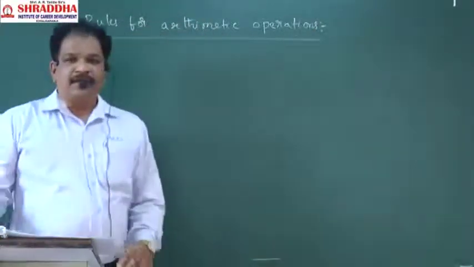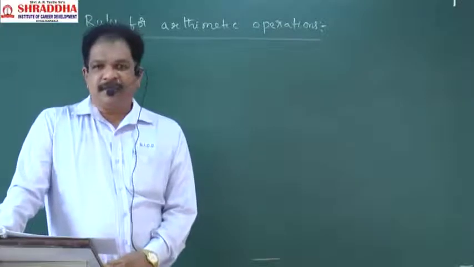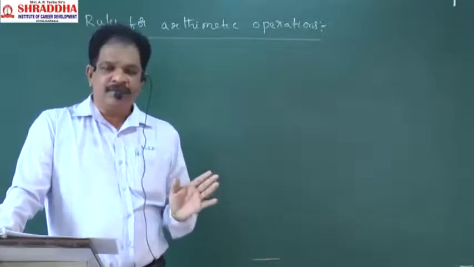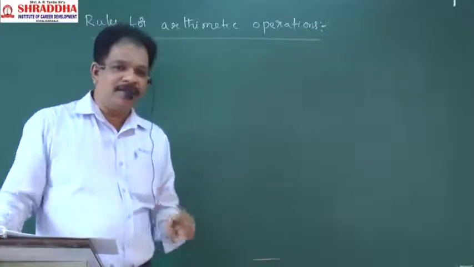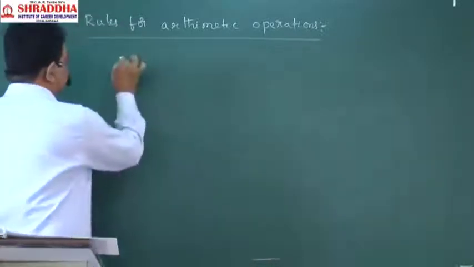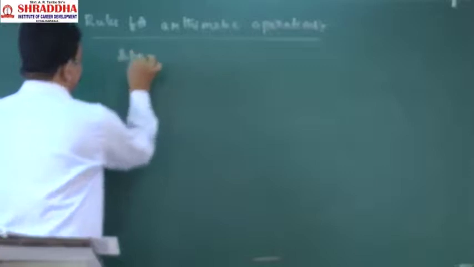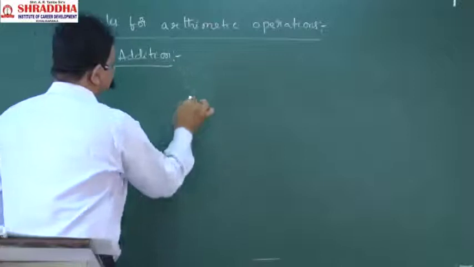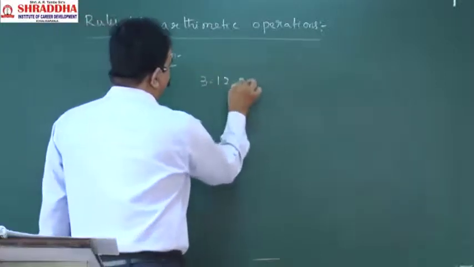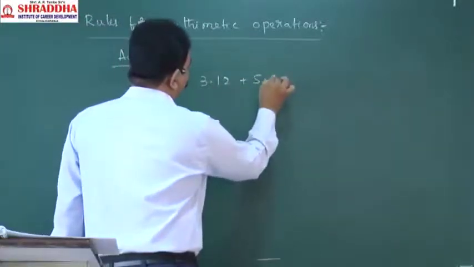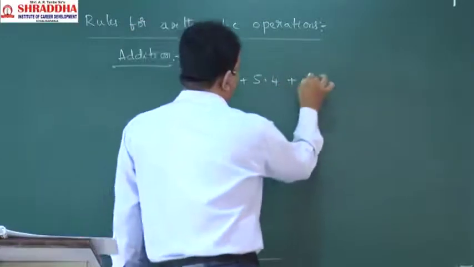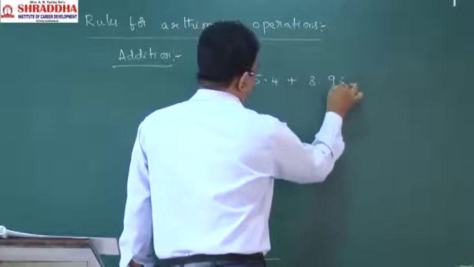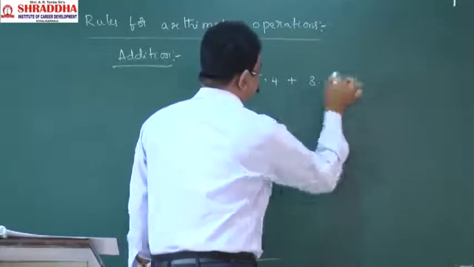Rules for arithmetic operations. Clear? So here what to do, see. In simple questions, they will ask: 3.12, 5.4, next 8.986.